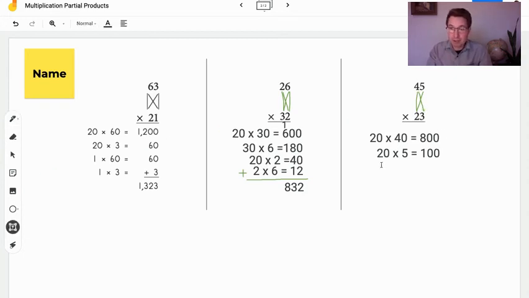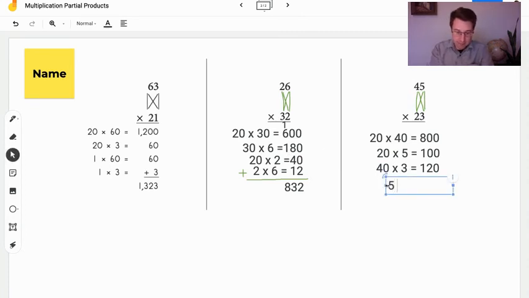So that's going to be 40 times 3. 40 times 3 equals, well, 4 times 3 is 12, but that's really 40, 10 times greater, so 120. And my last step is my ones times my ones. That's going to be 5 times 3. 5 times 3 equals, well, we should know that's 15.